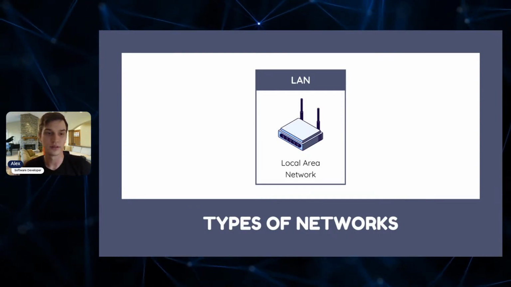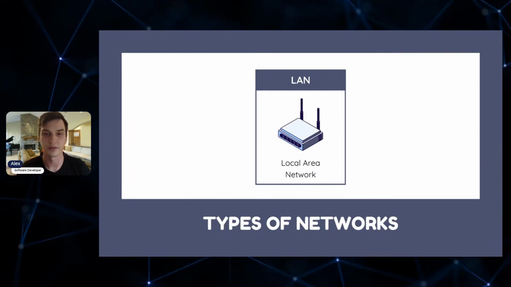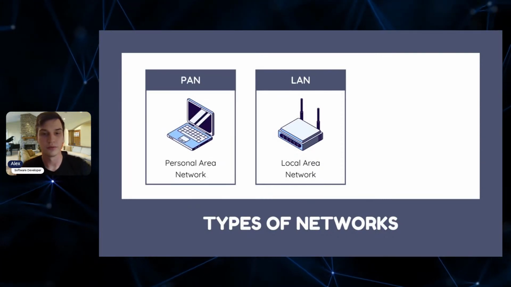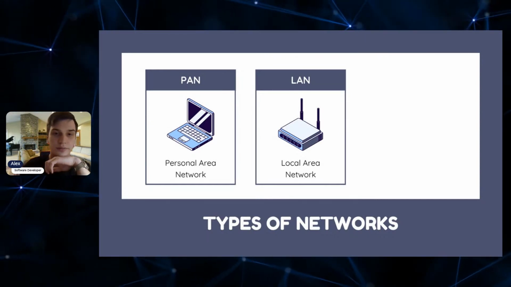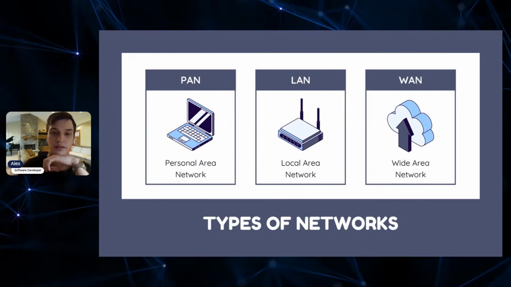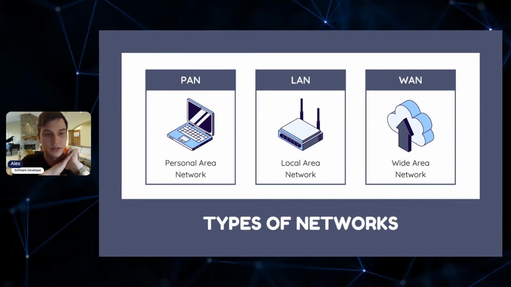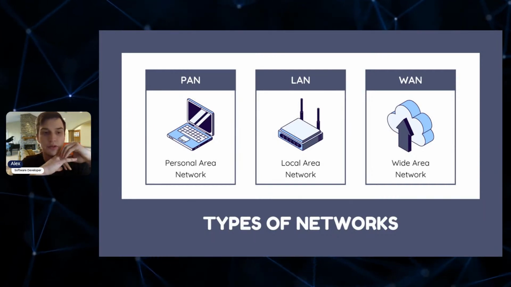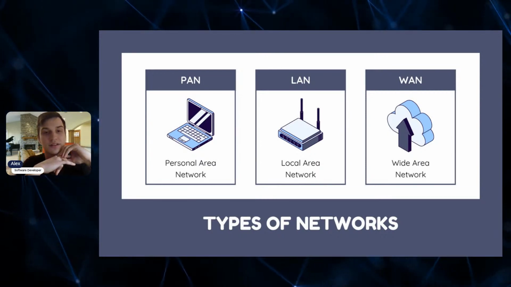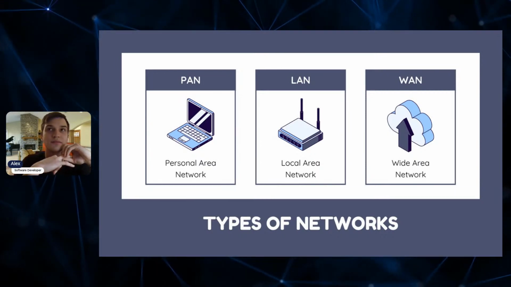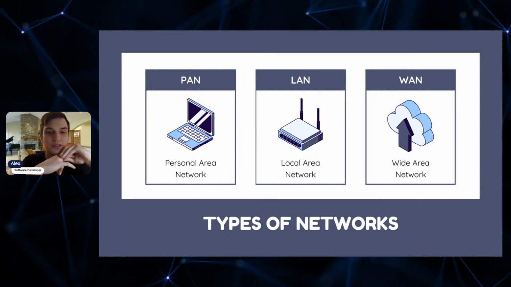So we have discussed the first type of network. It's the local area network. And as I mentioned before, there is a personal area network. A personal area network is a network of your computer. Here will be only one device with one IP address. Actually, I don't really understand why we need to use a personal area network.